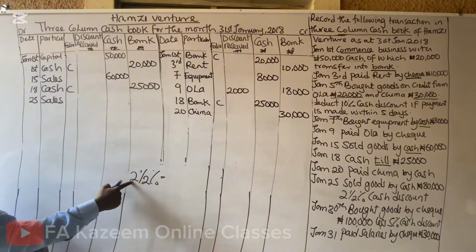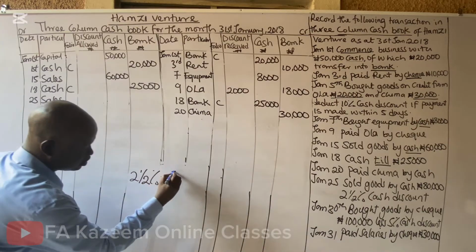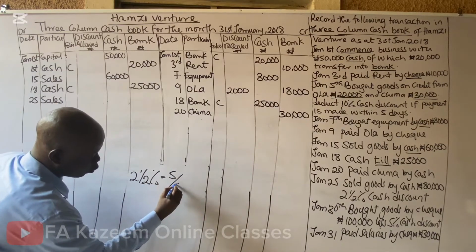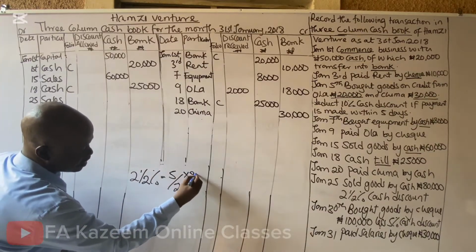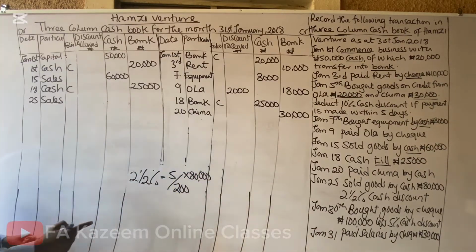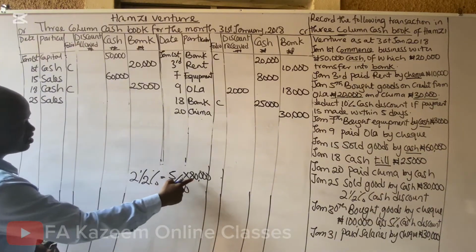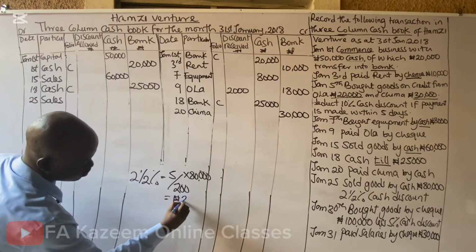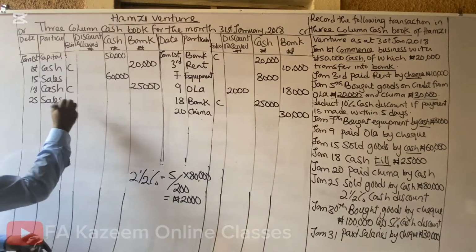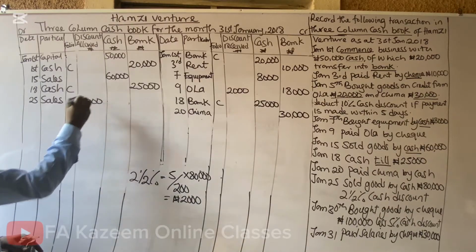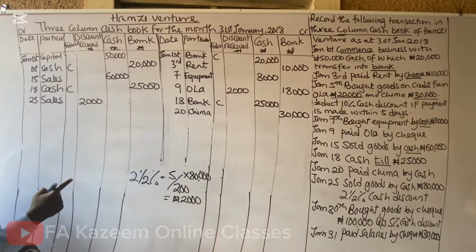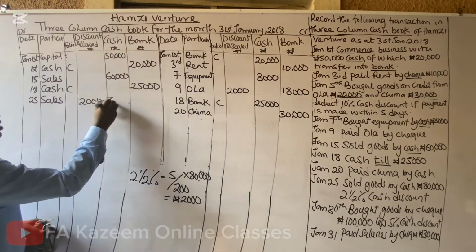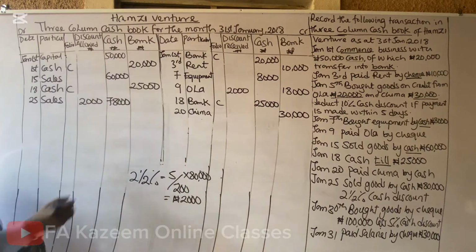We now say 2 times 2, 4 plus 1, 5 over 2. Because of the percentage, you put 200 times 80,000 naira. If you say 5 over 200 times 80,000 naira, it will give you a sum of 2,000 naira. That's the discount. Now, 2,000 naira minus 80,000 naira, we are going to have 78,000 naira.